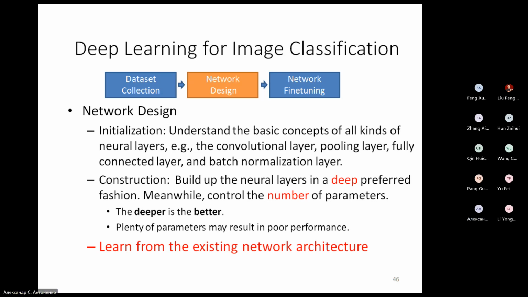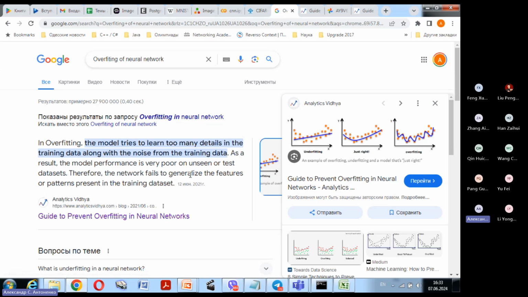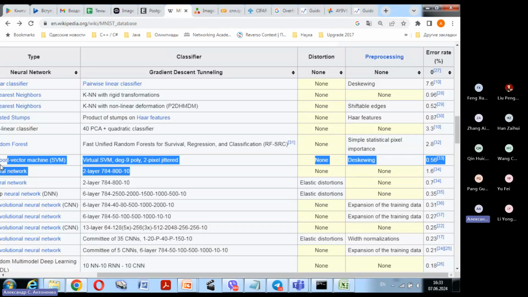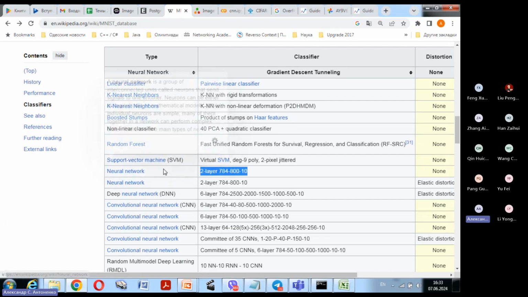So we need to construct many layers. So what are deep neural networks? Not deep are shallow networks. If we look at this MNIST, for example, this is not deep learning. This is a regular network with only two layers.